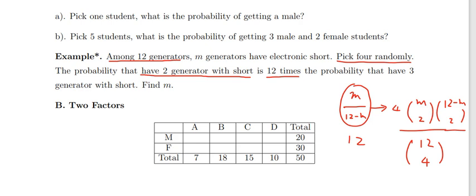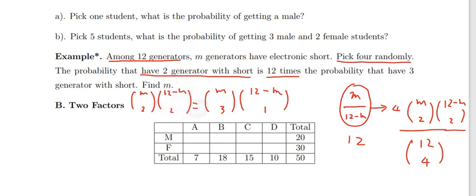We forget the denominator. So 3 is M pick 3, and then 12 minus M pick 1, right? So this is M pick 2 and 12 minus M pick 2. This probability equals 12 times this, right? So from here we can find this M.